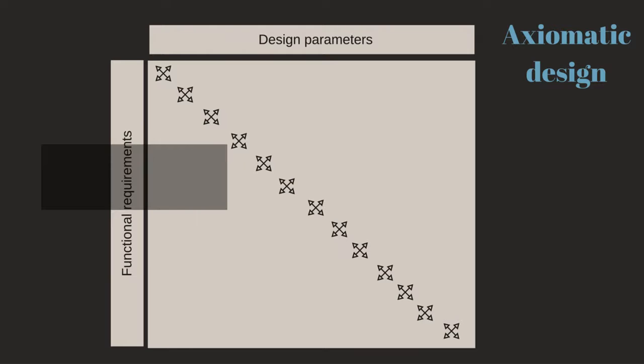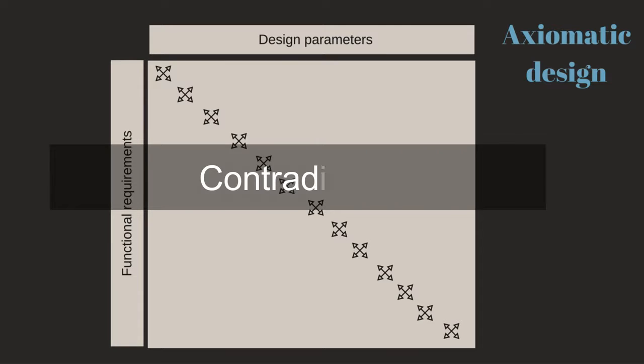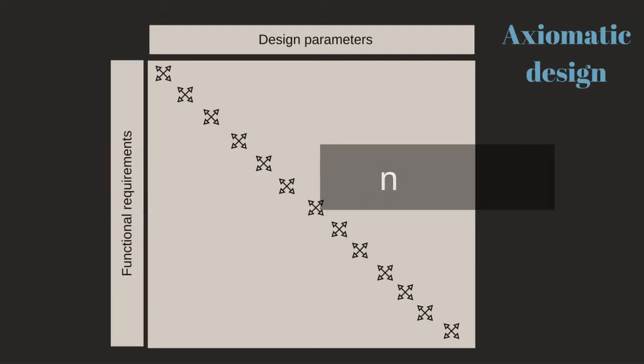This could also be treated as a contradiction. So a system with contradiction in the language of axiomatic design would mean that the matrix is non-diagonal, or even worse, it is a full matrix. So the design is not independent, as is stated in axiomatic design.